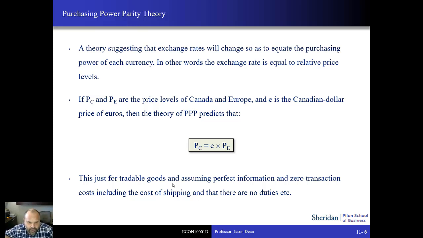A stock in Apple is a stock in Apple. It doesn't make a difference. These are traded on different stock exchanges, so it could be traded on the New York Stock Exchange and the TSX, and there should not be any difference in the price after you account for transaction costs.